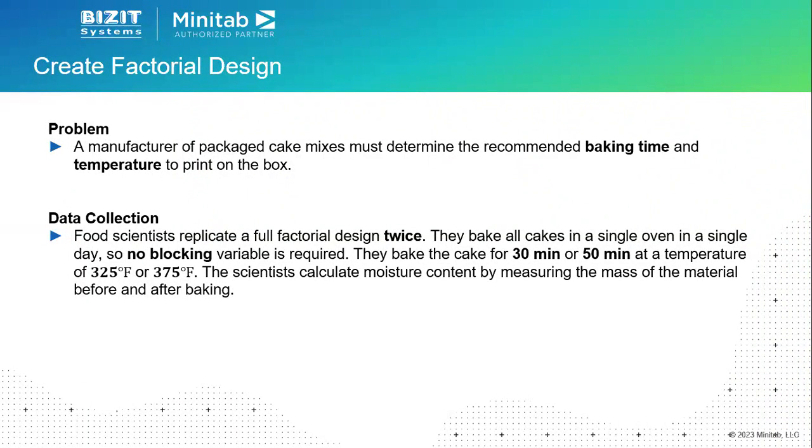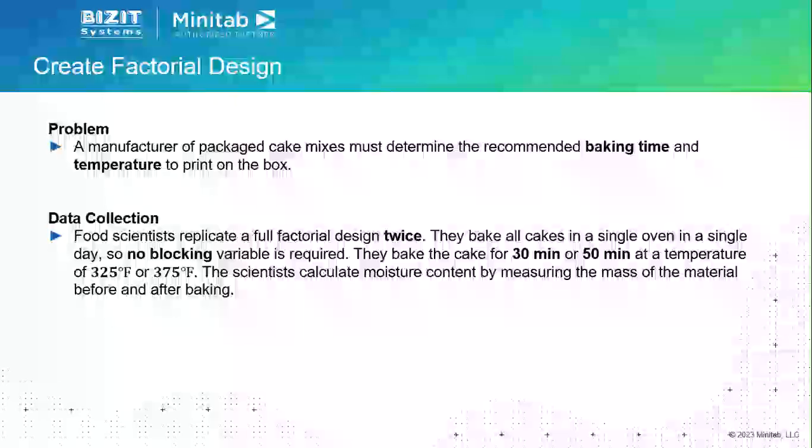So for this case, they will need 2 power of 2 with 2 replications. So what is the difference between replication and repetition? Replication means you run run 1 up to run 4, and after that you repeat run 1 up to run 4.